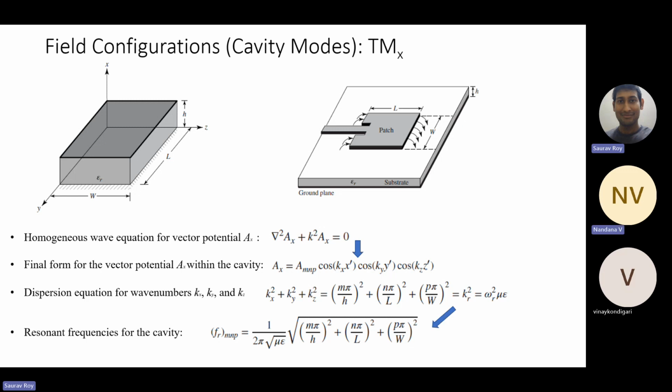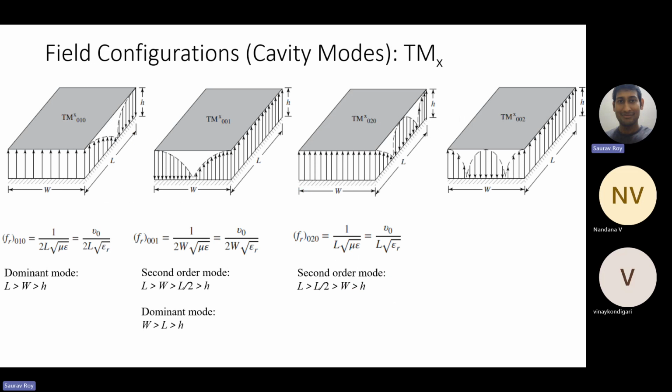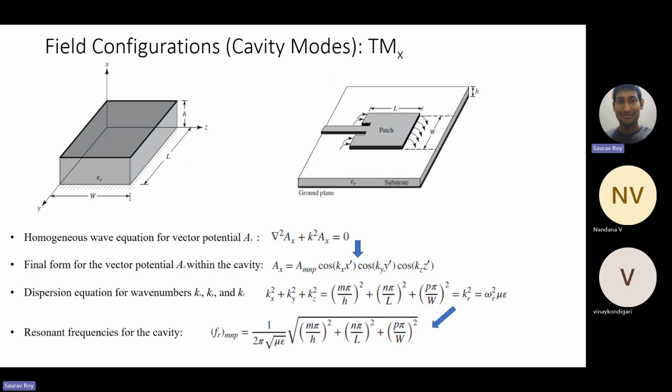And in the denominator we have L and W, the dimensions. So can you understand why L has to be greater than W for this mode to be dominant? If L is greater, the denominator is greater, which means that term will be smaller, right?